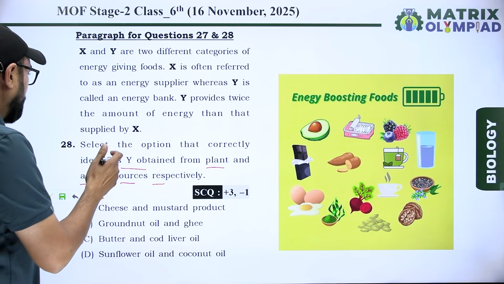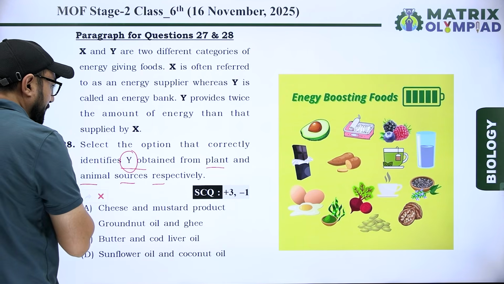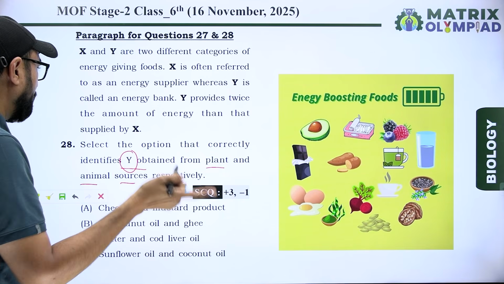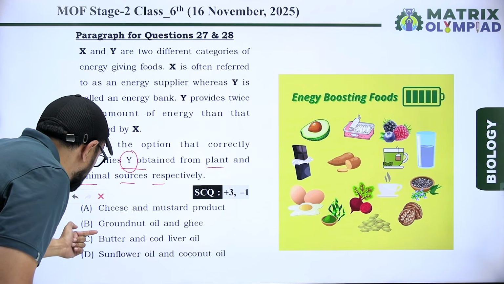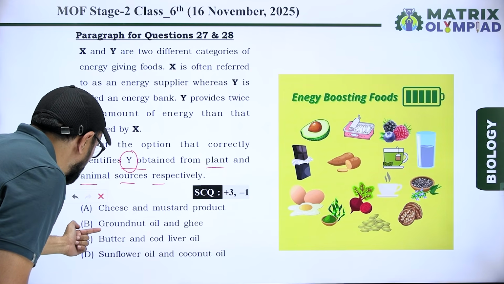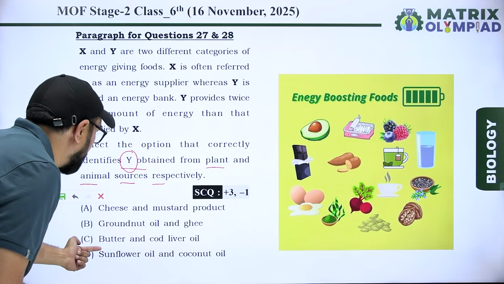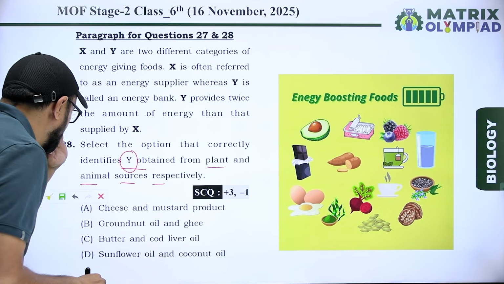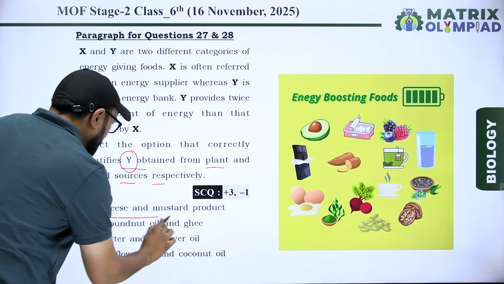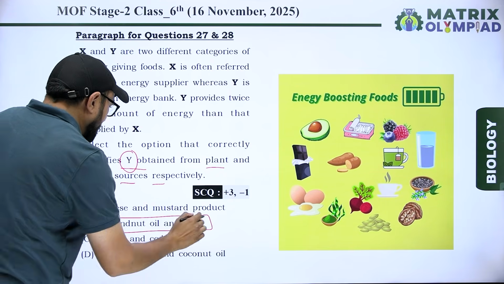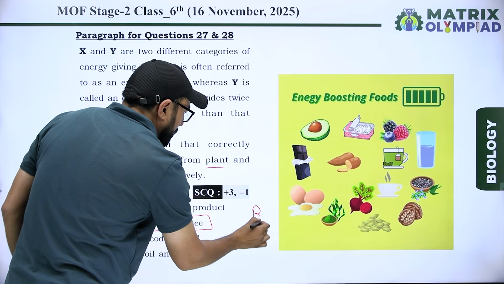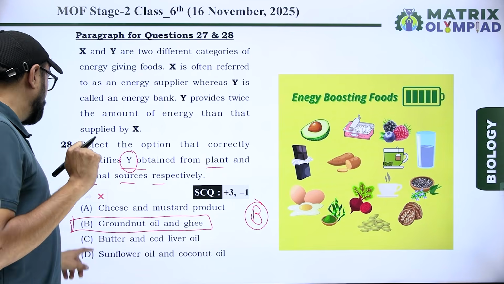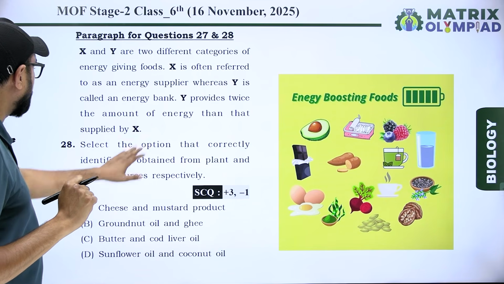In the last question, Y is butter, which means fat or oil, obtained from plants like groundnut and sunflower, but in animals, ghee. So option B, groundnut oil and ghee. These are the energy bank. So option B is right.